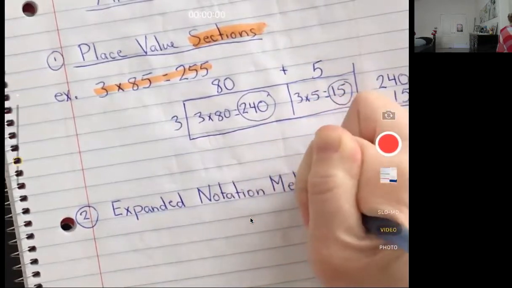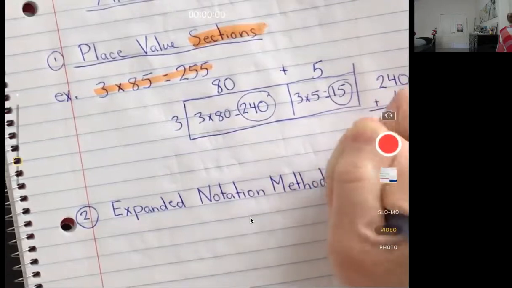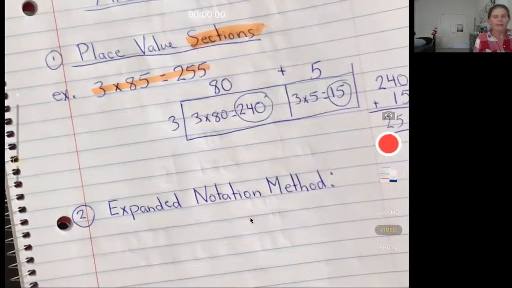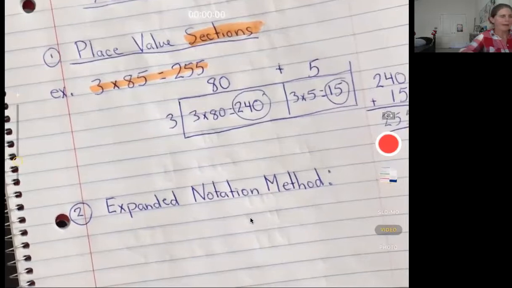Please don't be scared away by the name. Once you see me make it, you're going to notice, hey, that's just like the area model. It's just bringing the numbers down in a little bit of a different way, okay?